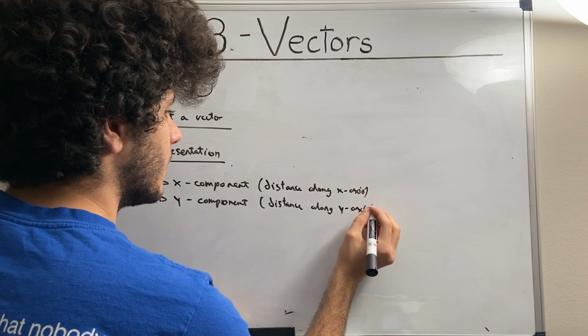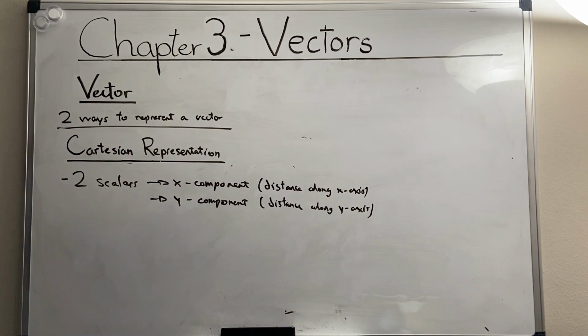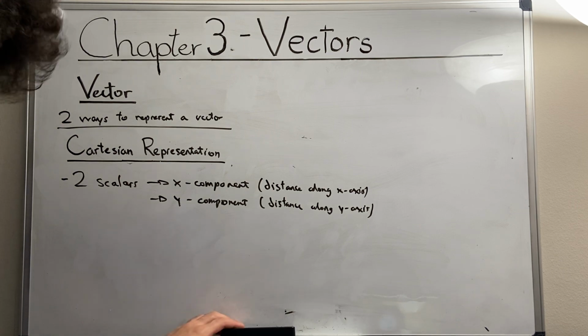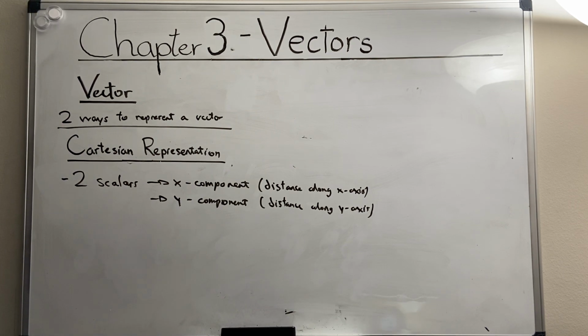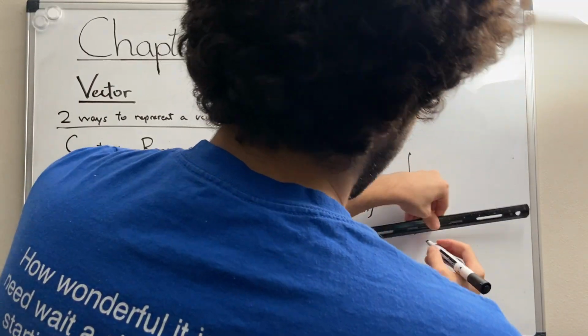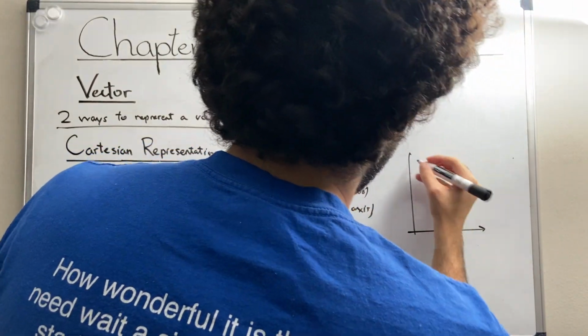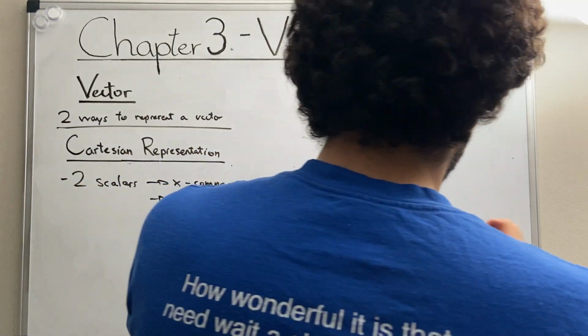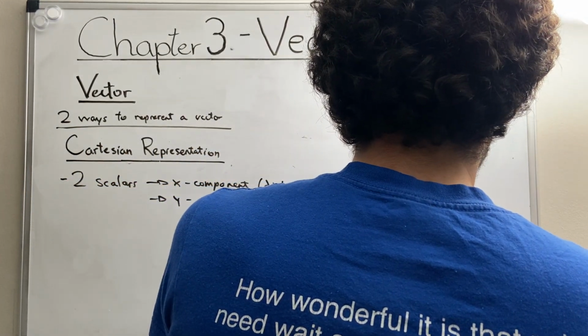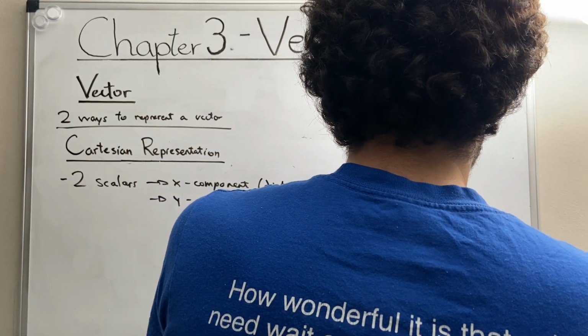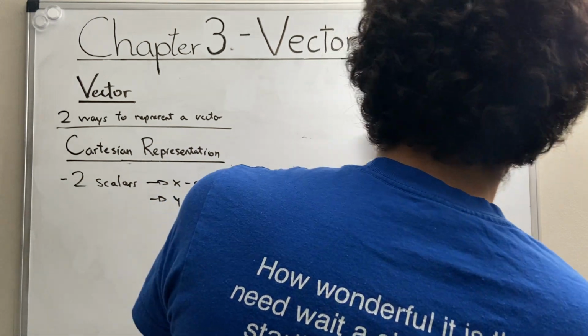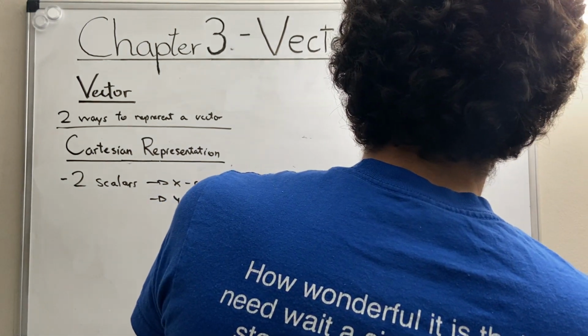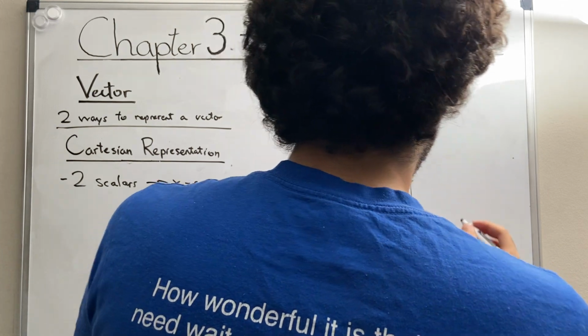It's along the y-axis, right? So basically, if we had a vector, which I will be drawing right now, three, 5.